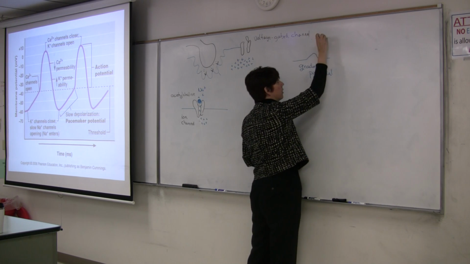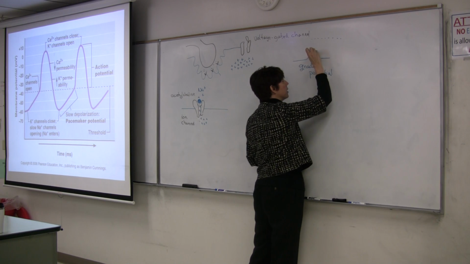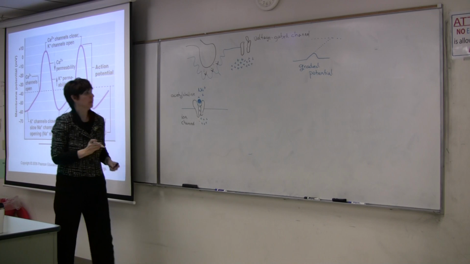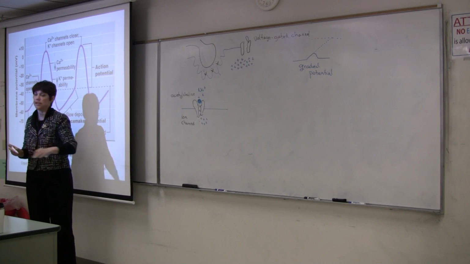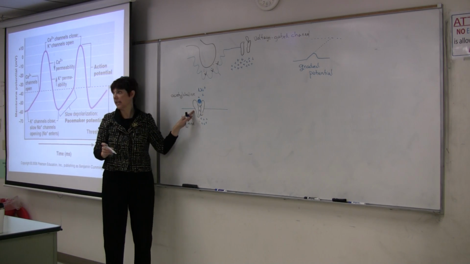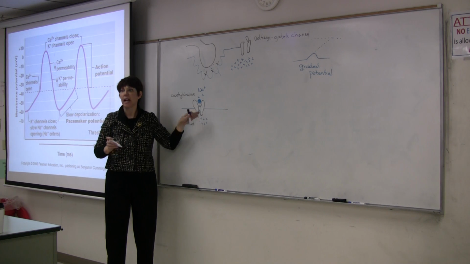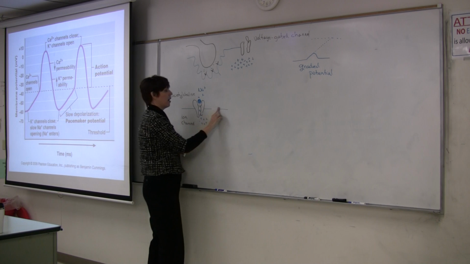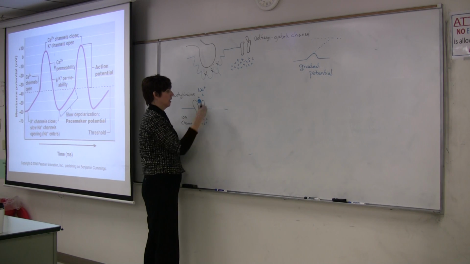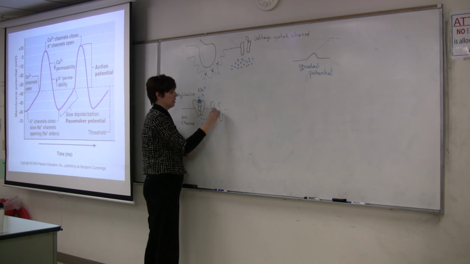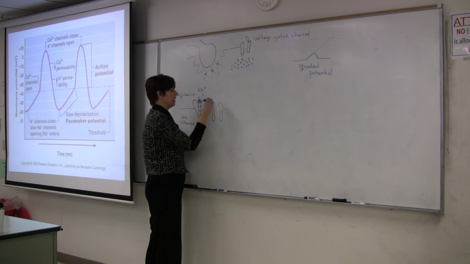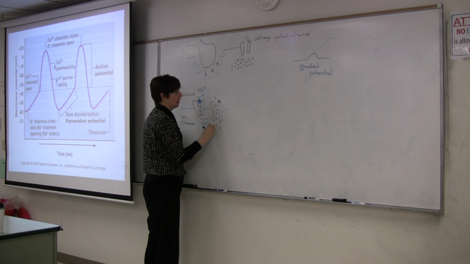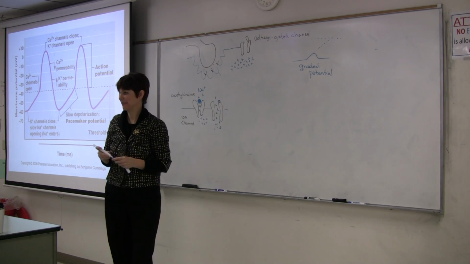So up here is threshold. What am I going to have to do to get my membrane potential positive enough to reach threshold looking at this event right here? I'm going to have to open more channels, okay? So several hundred more ligand-gated channels are going to have to open to create sufficient strength.